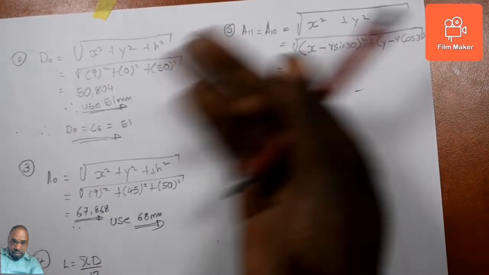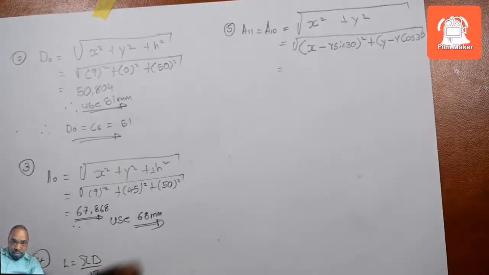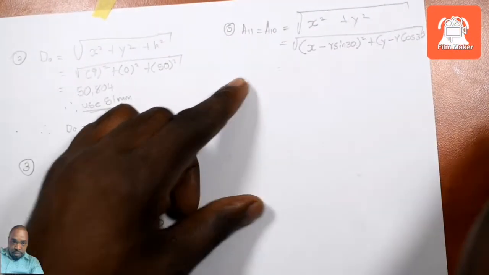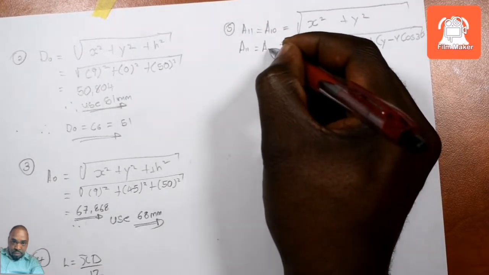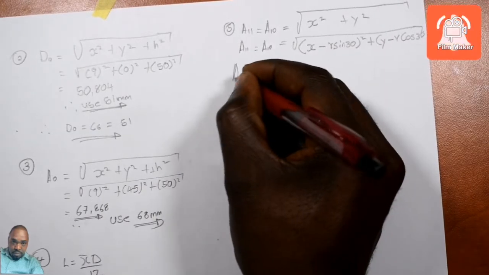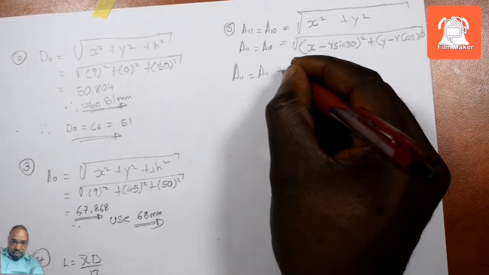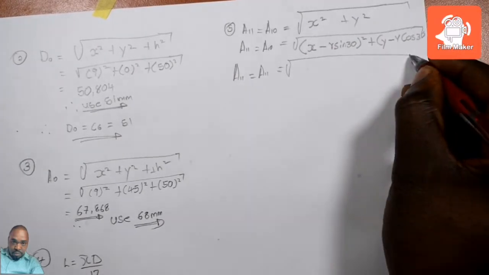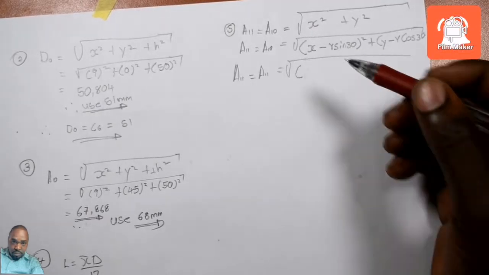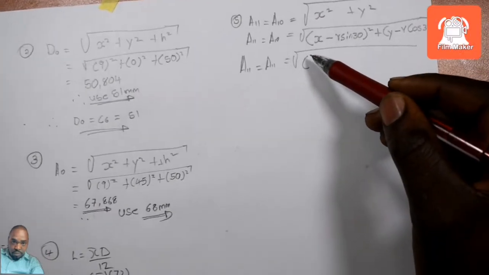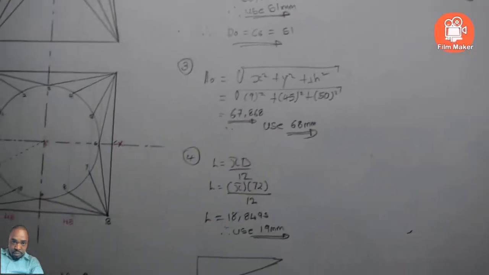Right, so now let's substitute now. So this is the distance of A11, the same as distance of A10, isn't it? So the distance of A11 is the same as distance of A10 is equals to big square root. So now my x is going to be what? My x is going to be, come back to your top view.